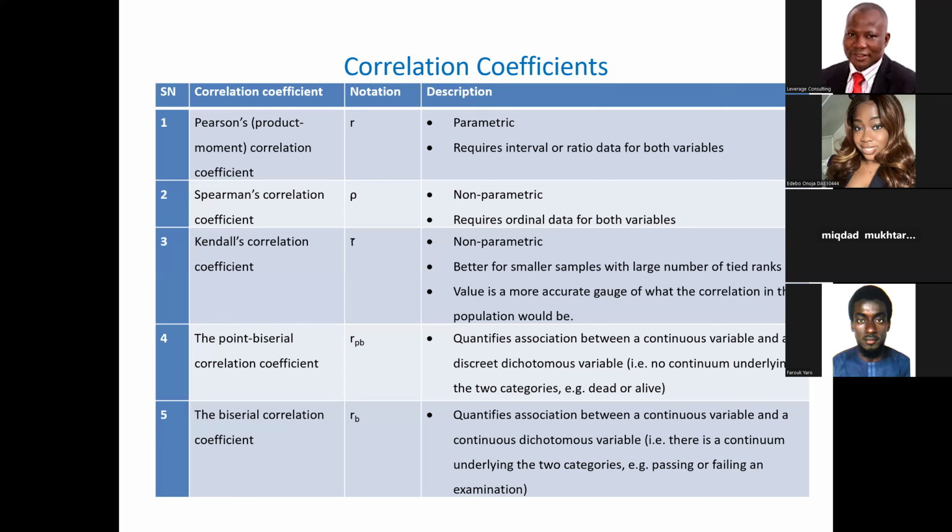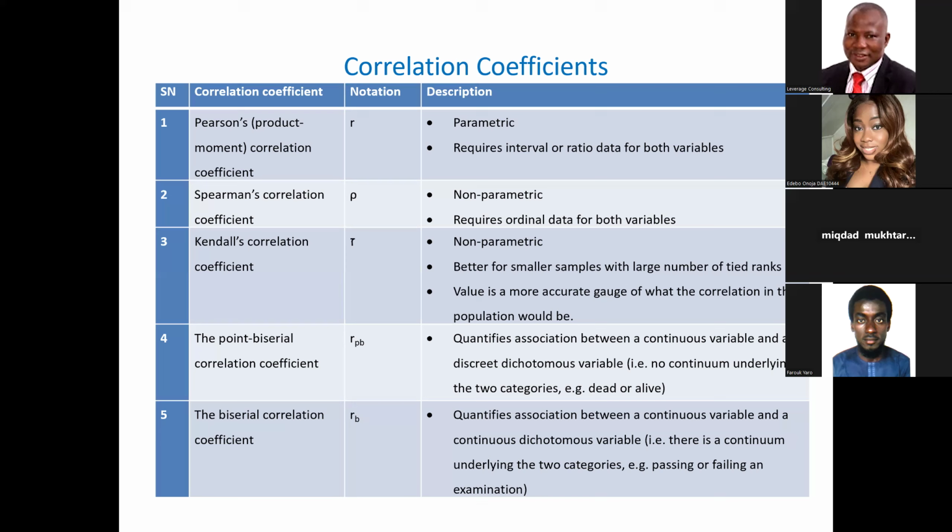Okay, now let's talk about what we call point biserial and biserial. Point biserial quantifies the association between a continuous variable and a discrete dichotomous variable. A continuous variable, for example, is weight.